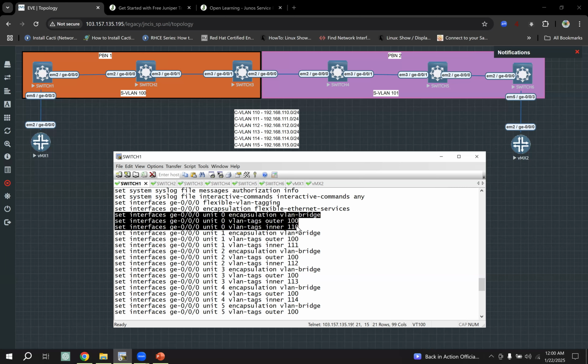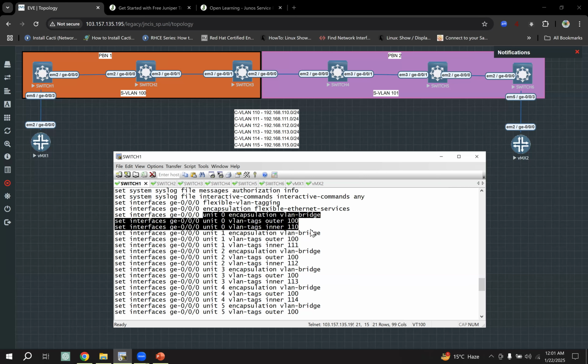Okay, so consider here, we are creating the logical interface. The logical interface is this one, ge-0/0/0 .0. On this logical interface, you are mapping inner and outer VLAN and considering this logical interface as a VLAN bridge.